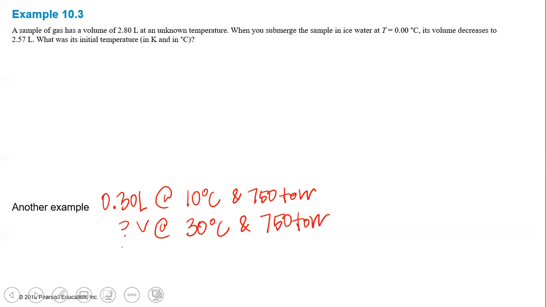All right, so in this example, you're given pressure, but you'll notice that pressure doesn't change. So we don't have to worry about including that in a calculation. So we're just back to volume and temperature.